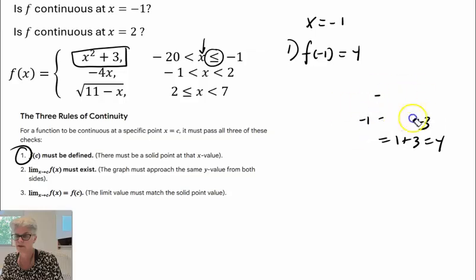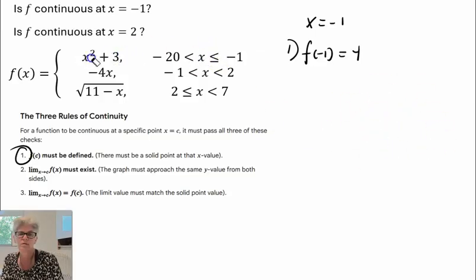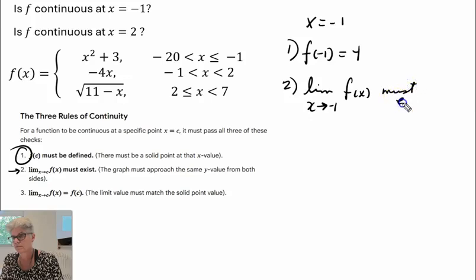So after all of that, we have that this is equal to 4. Now I'm going to clear that away. Now let's see what the second condition is. The limit as x approaches -1 has to exist. Well, what is the limit as x approaches -1? Let's look at the left-hand limit.